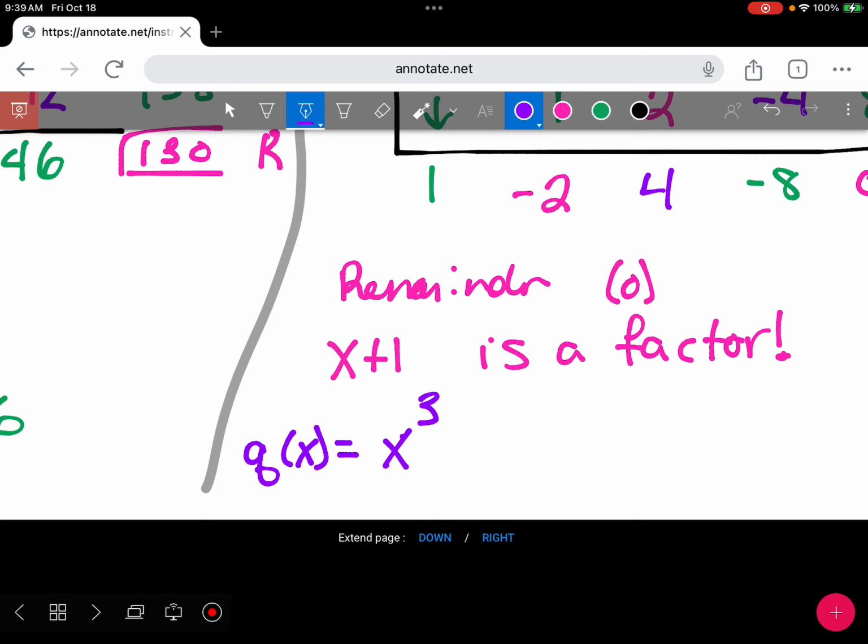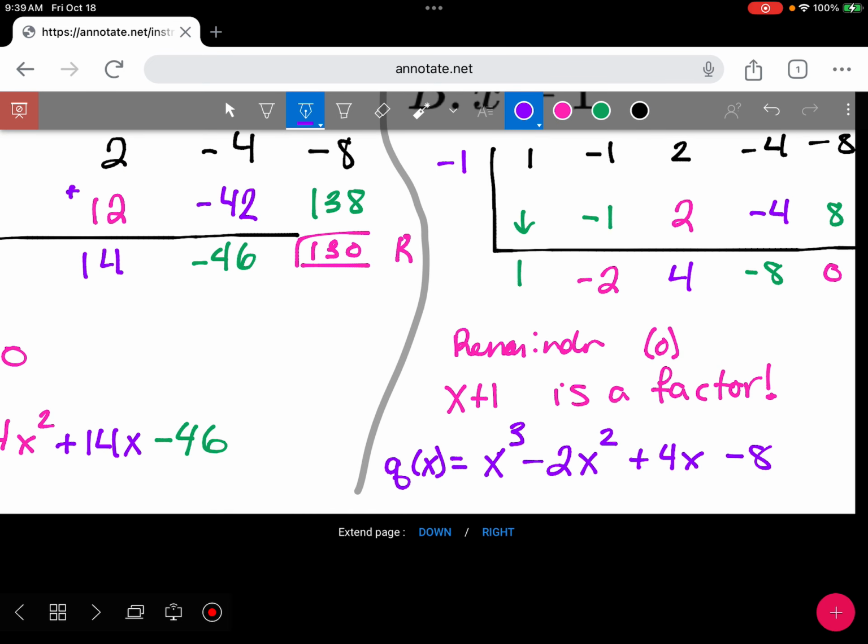X cubed minus 2x squared plus 4x minus 8. If I took that times my x plus 1, I would get exactly my original f of x back. Those two things are factors.